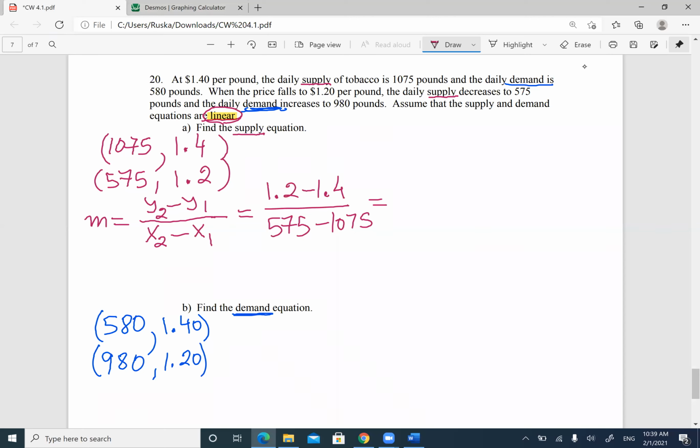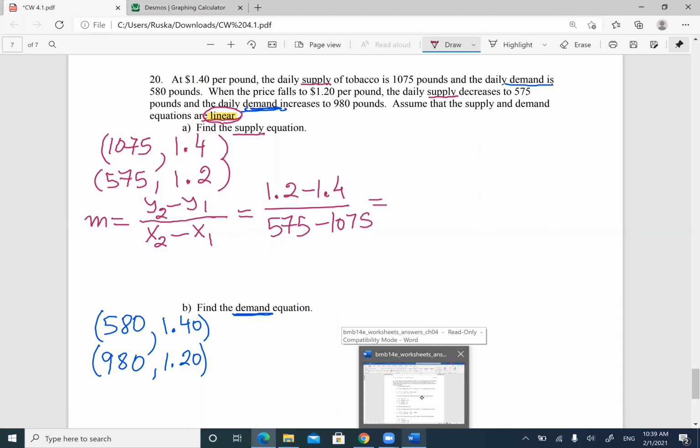And when you do that in the calculator, somebody calculate it, or what you guys get? The top's negative 0.2, right? Over negative 500.